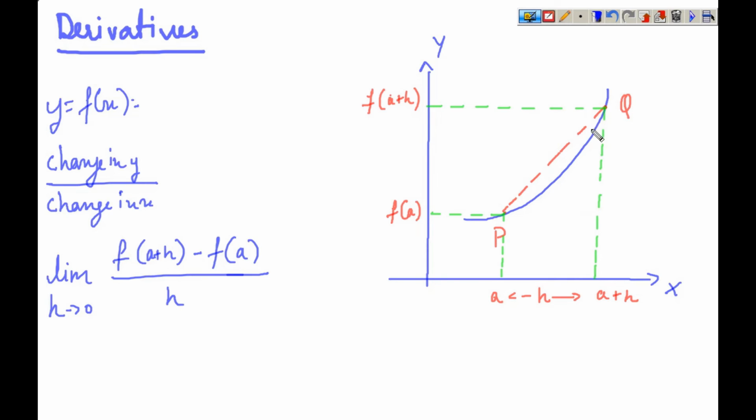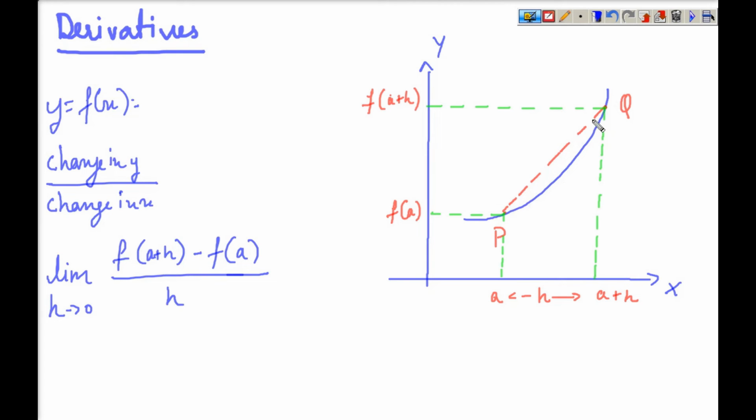Now if we draw a straight line and use the previous formula for the slope of a line, from P to Q, let me write it here.